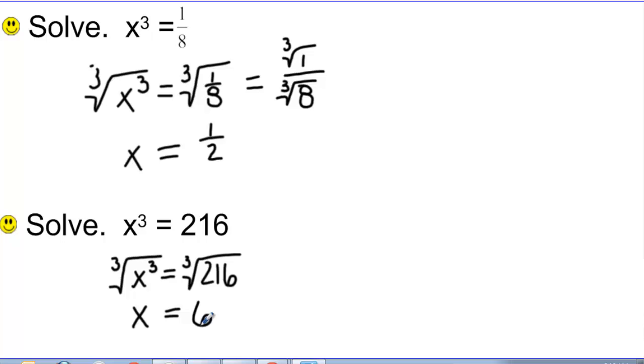So 6 times 6 is 36, and 36 times 6, 3 times 6 is 18, plus 3 is 21. So yes, the cube root of 216 is going to be 6. Obviously, that's one I don't have memorized.